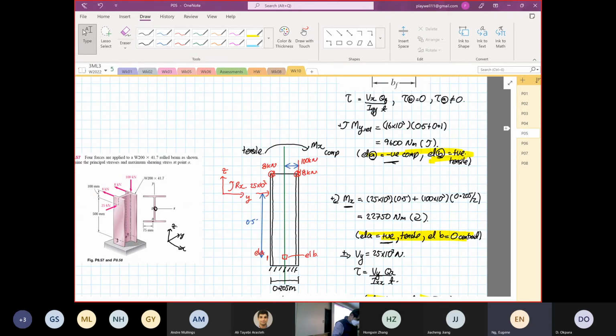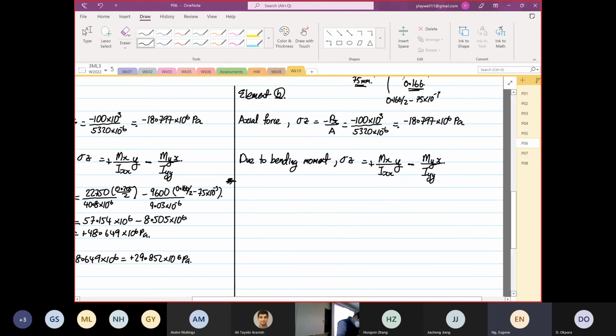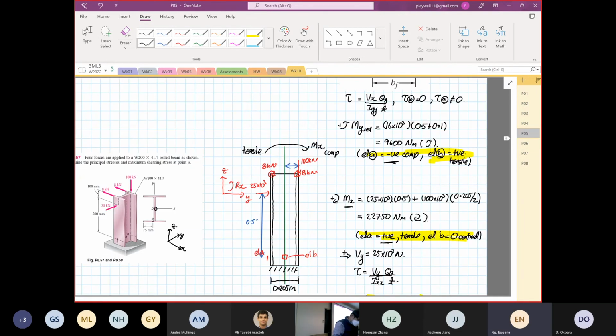So Mx for element B is equal to 0, because the moment about x is at the centroid, so this whole term is equal to 0. My is going to have a tensile, can you see that?